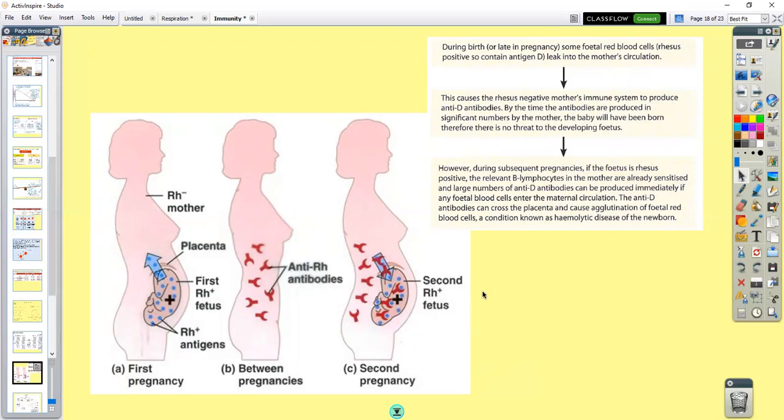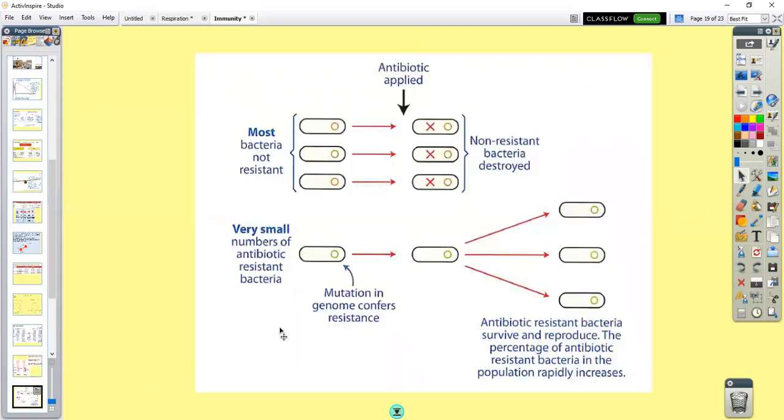Okay, the next bit of this is looking at antibiotic resistance. Okay, so bacteria may develop resistance to certain antibiotics.